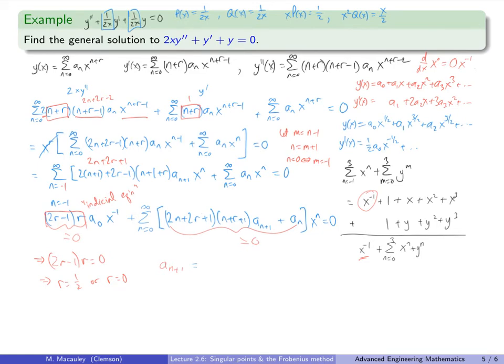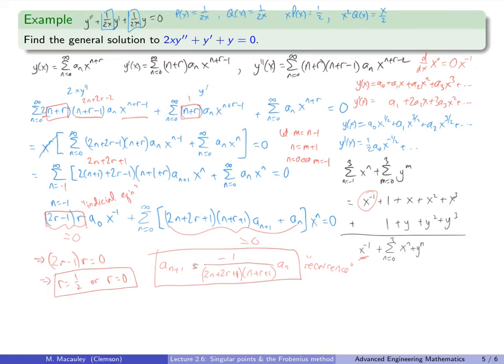So set this equal to 0, solve for this, and I'm going to get a n plus 1 equals negative 1 over 2n plus 2r plus 1 times n plus r plus 1 times an. So this is my recurrence relation, and this is what r has to be.